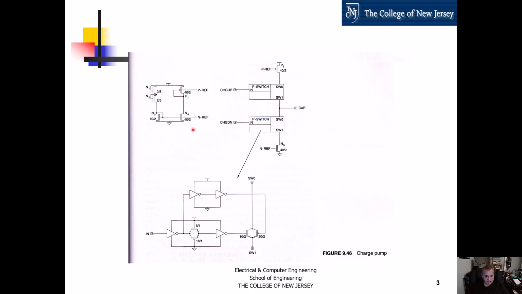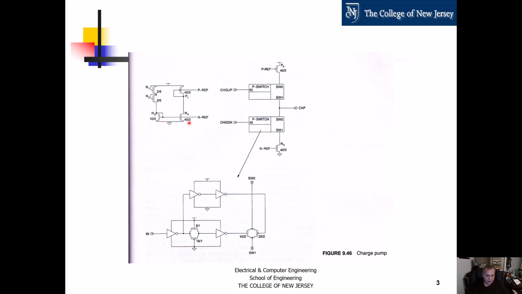Now, when you see these two numbers by a transistor, it means a different thing than when you see them by the gates. Here, what this means is that this N channel is going to have 2 times the minimum width.